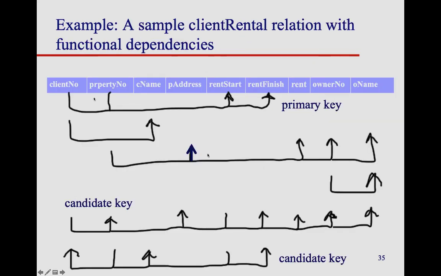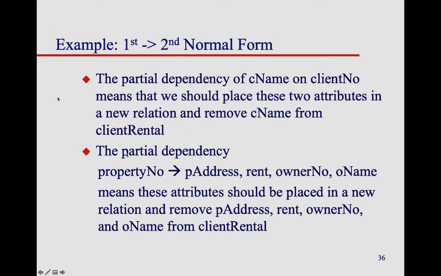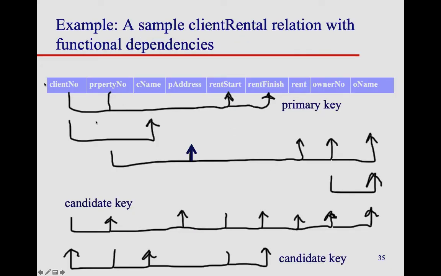So if the original relation was lease, we now are moving the property information out into its own relation. And we're also going to be moving the client information out into its own relation.